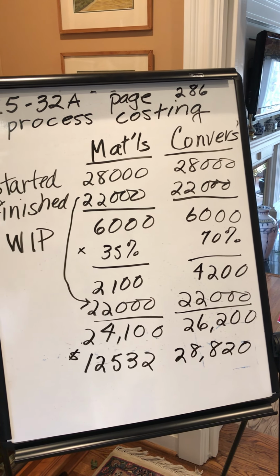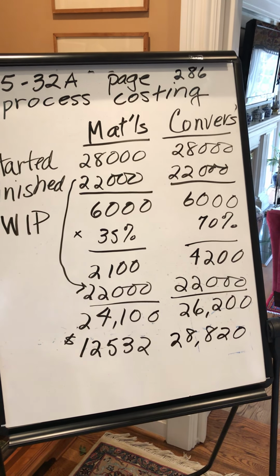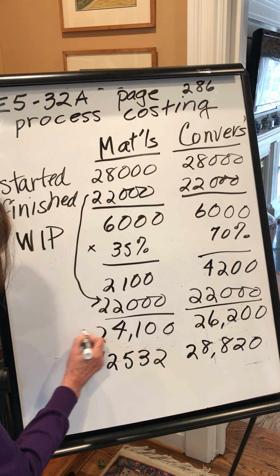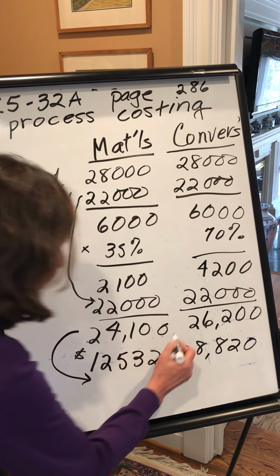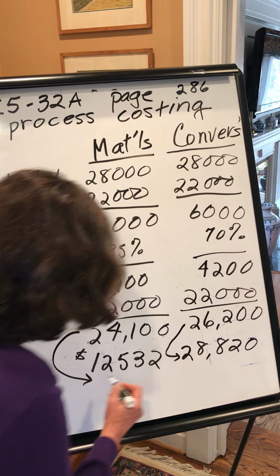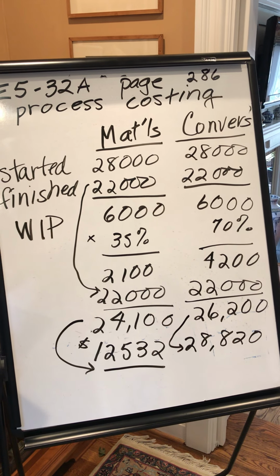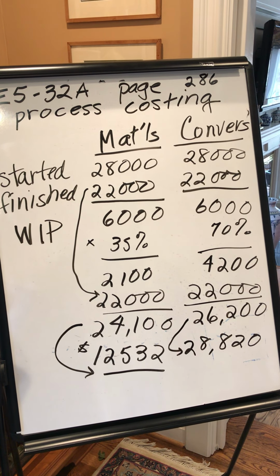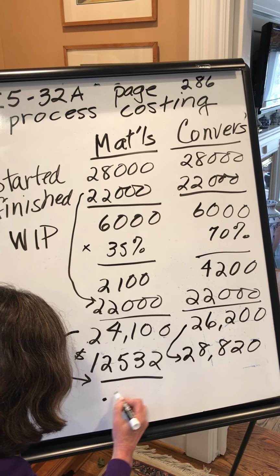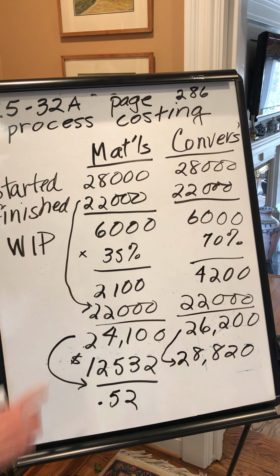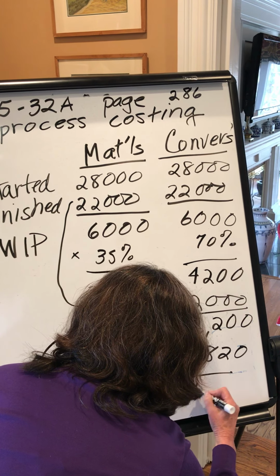And so to come up with a cost per unit, we are going to simply divide that by these numbers. So 12,532 divided by 24,100 means that it's 52 cents a unit. And for conversion costs, we have $1.10 per unit.